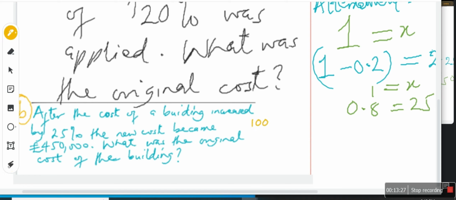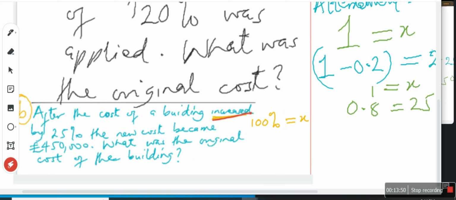Yes, it increased. 100% is X. So this time around it is increasing. It increased by, exactly. Interesting. So 100%, which is the original thing, is X.